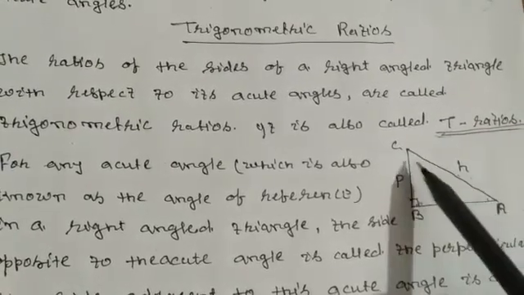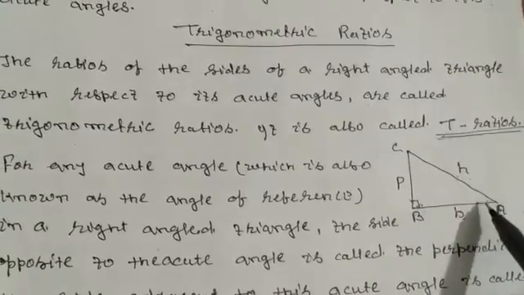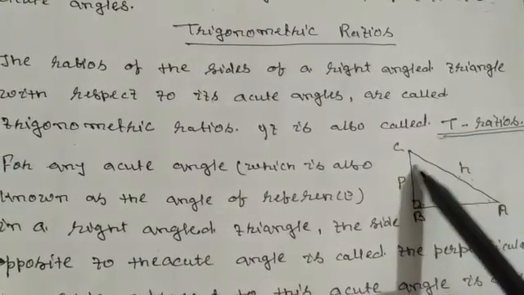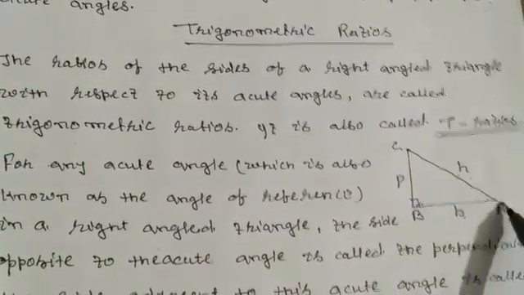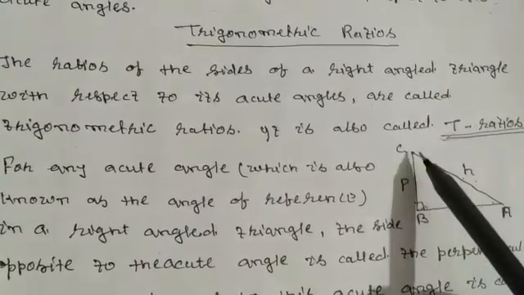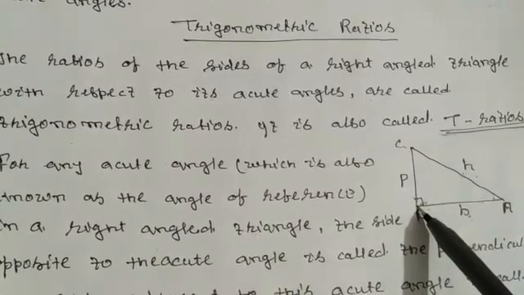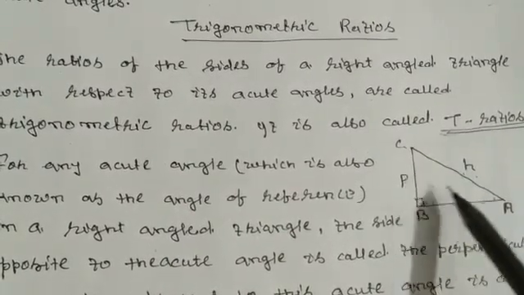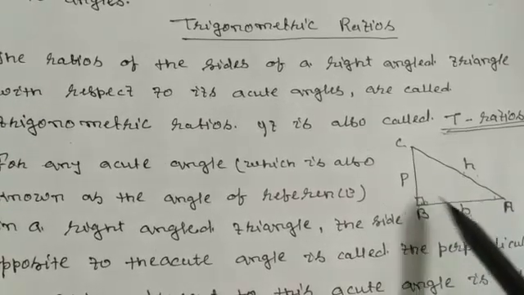But when the reference angle, that is the acute angle, changes from A to C, then for angle C, the side opposite to the acute angle, that is AB, will be treated as perpendicular and the side adjacent to angle C, that is BC, is treated as base. So the perpendicular and base can interchange.